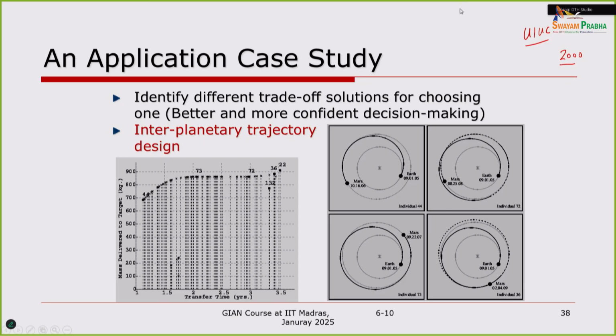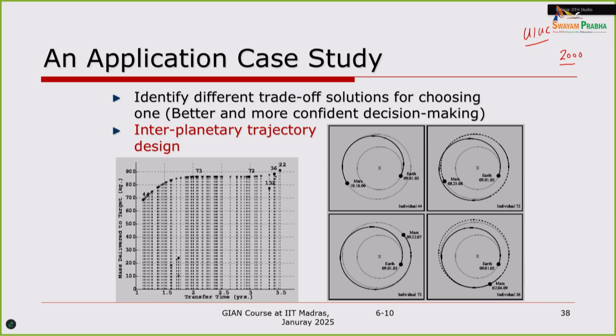They were trying to use this for interplanetary trajectory optimization, which eventually we ended up doing here with VSSC. But this was done in 2000, and I was not the co-author. So I was visiting them, and they were looking for a method to do multi-objective optimization for this. And they knew of NSGA. NSGA2 wasn't there yet, so they used NSGA. That's why I show this example from their paper.